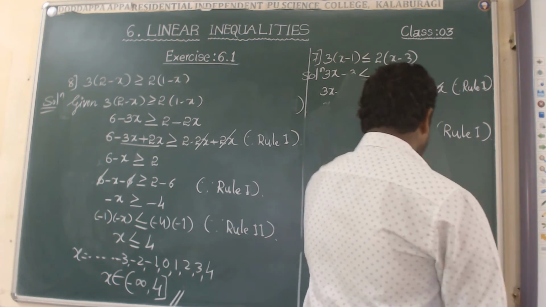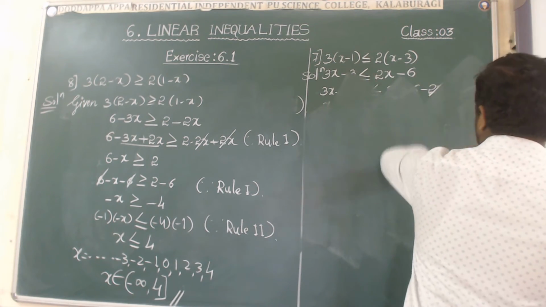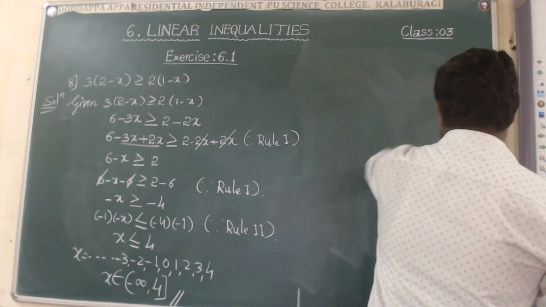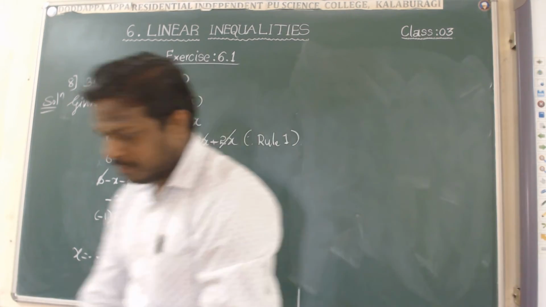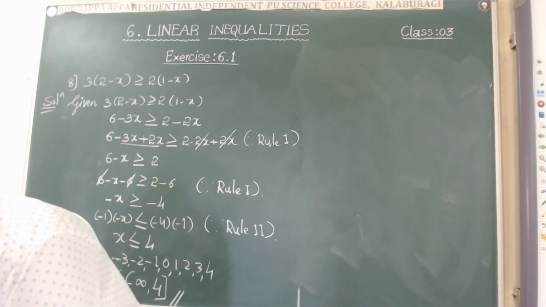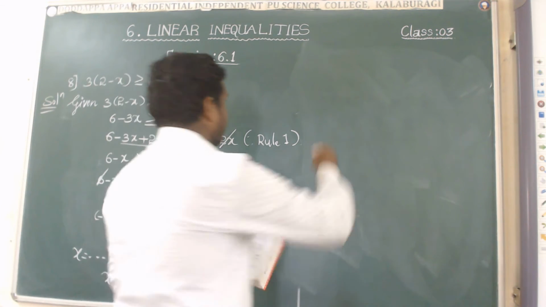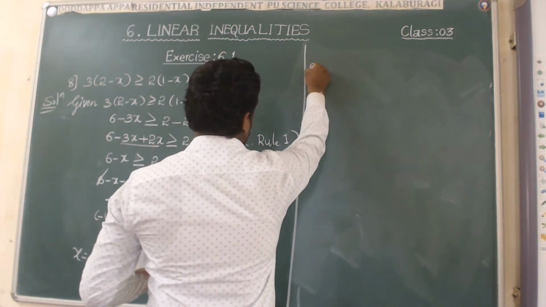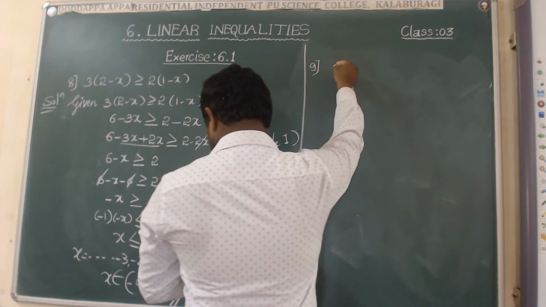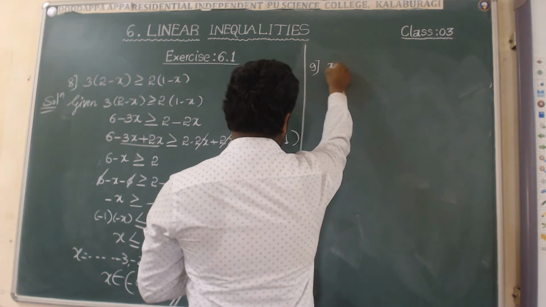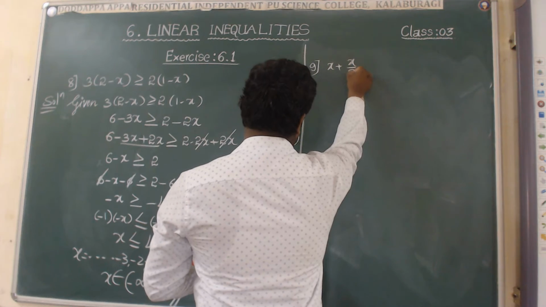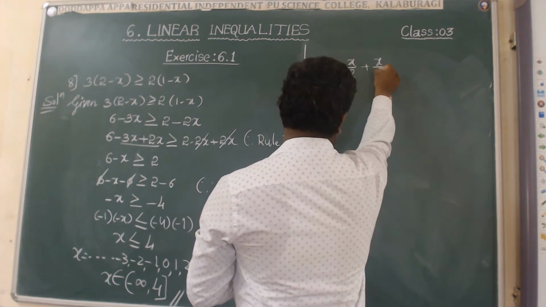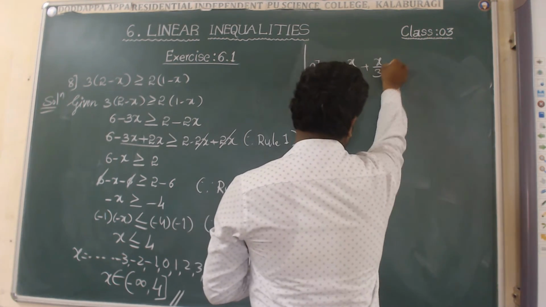There is the ninth one. The ninth one is x plus x by 2 plus x by 3 is less than 11.